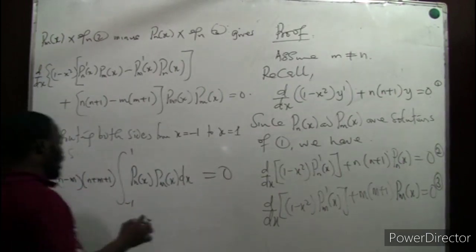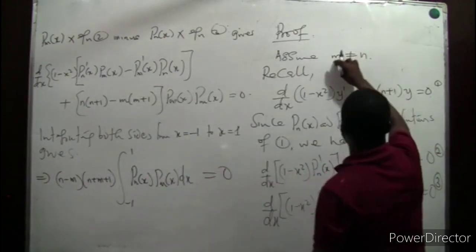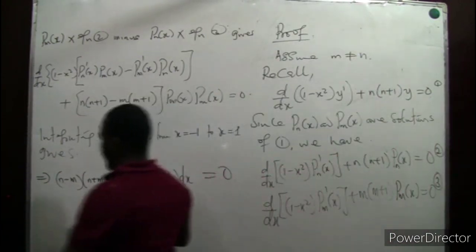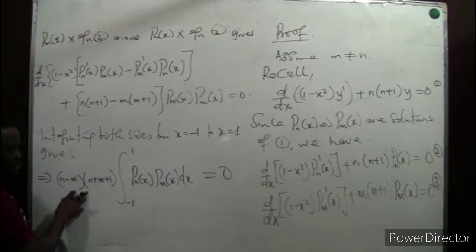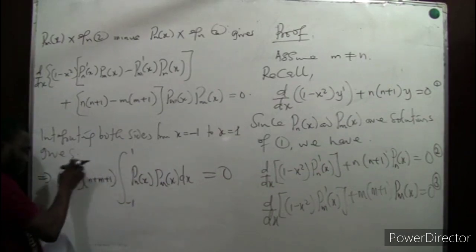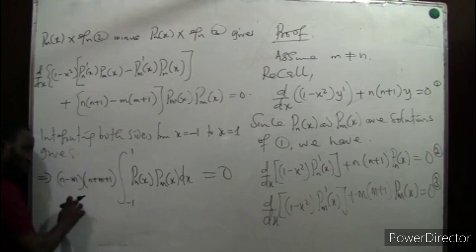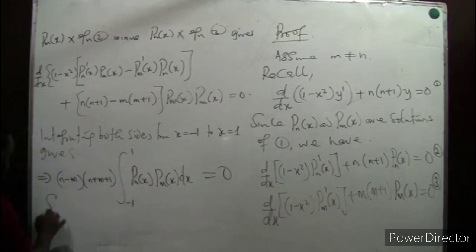Now let's go back to our assumption. We have assumed that m and n are not the same. If m and n are the same, the whole of the left hand side becomes 0. Since they are not the same, that means that the whole of this value is not 0. Divide both sides.